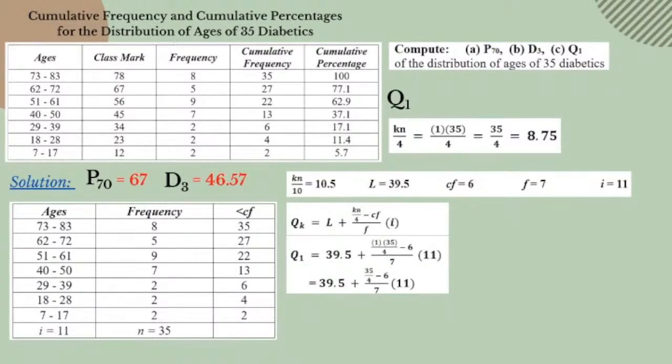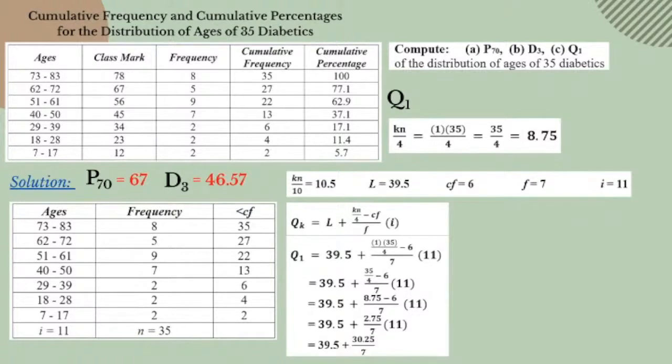39.5 plus (35 over 4 minus 6) all over 7 times the quantity of 11. 39.5 plus (8.75 minus 6) all over 7 times the quantity of 11. 39.5 plus 2.75 over 7 times the quantity of 11.